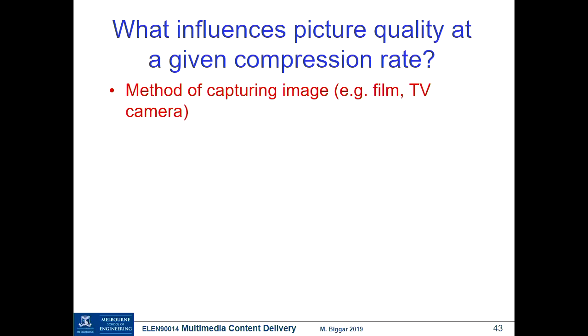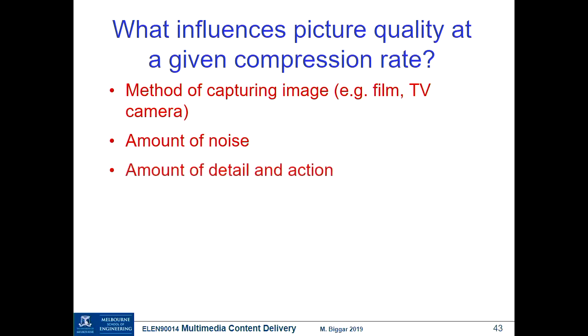Something we were just trying to filter out: the film grain or noise. It depends on how noisy the source is. If it's very clean, then we should get a better picture quality than if there's a lot of noise. We talked about the amount of detail and the action in that particular one.